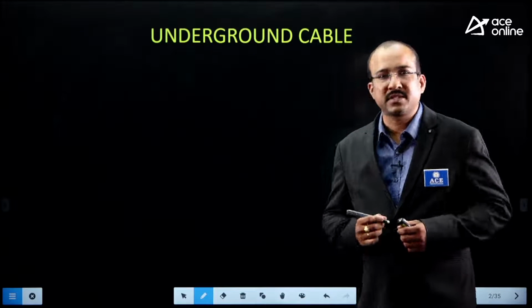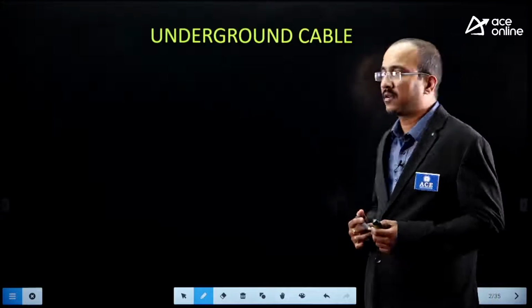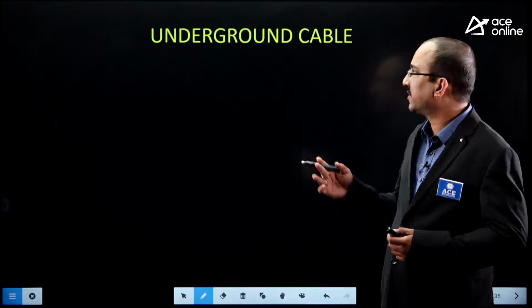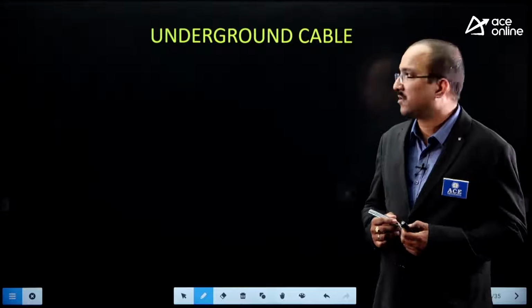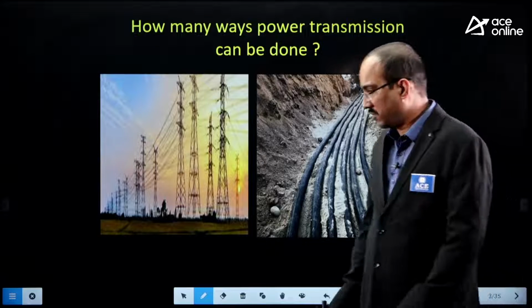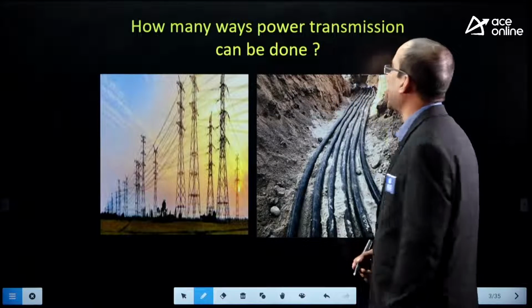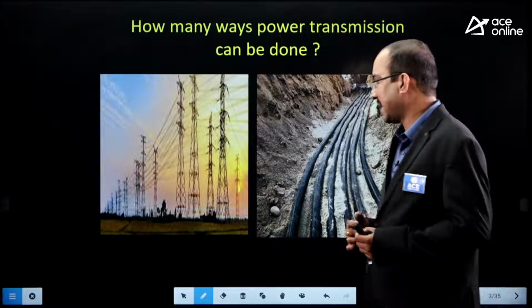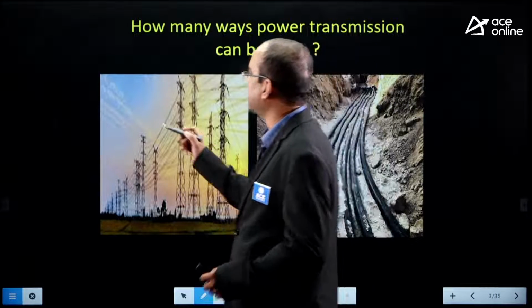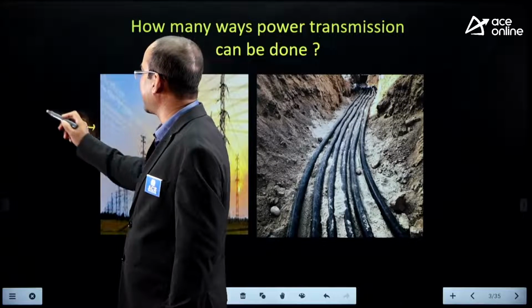Now, let us try to analyze some key points regarding underground cable for your SSC JE preparation. If we observe how many ways power transmission can be done, it can be done mainly in two ways. One is using overhead transmission line.